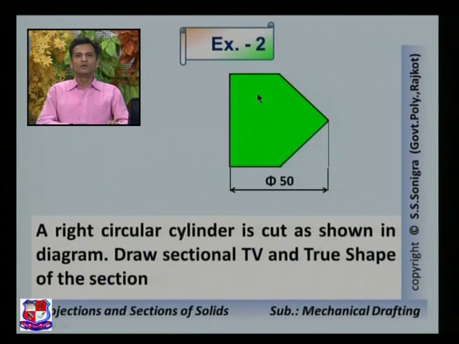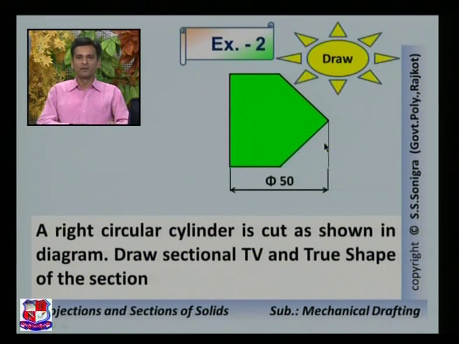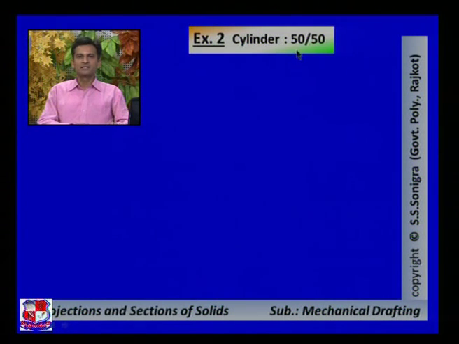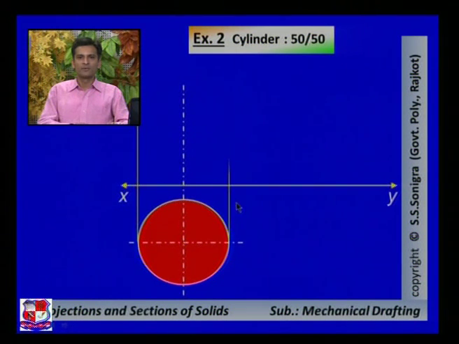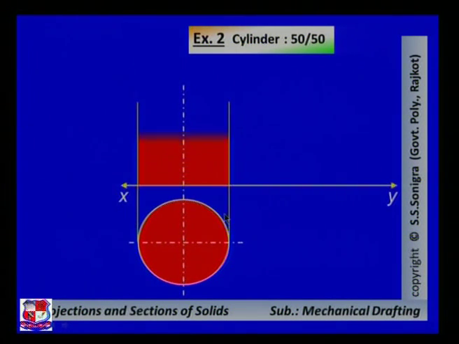Now how to briefly write this problem. So for that, a cylinder is given, 50 by 50. So first of all, draw the XY line and draw a circle below the XY line of diameter 50 millimeter. Draw its axes, vertical and horizontal, and from these endpoints draw projection lines, and at a height of 50 millimeter draw a rectangle having height 50 and width 50.